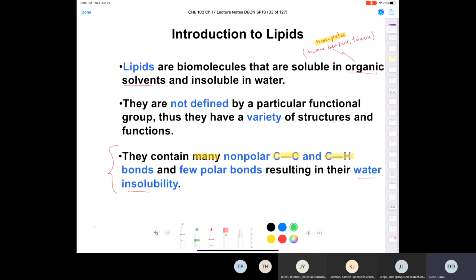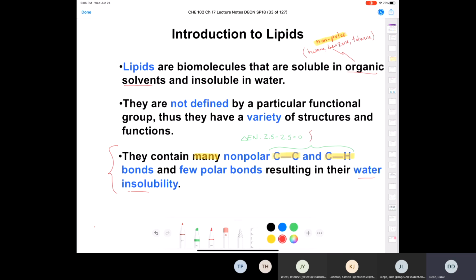And just as a quick review with respect to carbon-carbon bonds, the difference in electronegativity of two carbon atoms: one has an electronegativity value of 2.5, the other one is 2.5, so I get a value of 0 there, so that's definitely nonpolar.